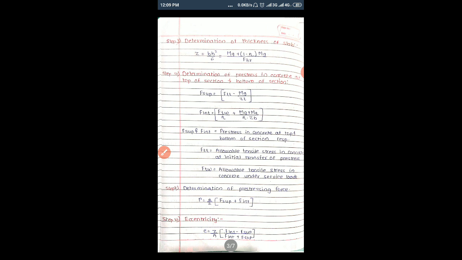Then determination of thickness of slab. In the reinforced slab we focus on the depth of the slab. We calculate the depth of the slab. This is a very important part. So here we calculate the thickness of slab, that is Z equals B H square upon 6. Here we don't yet know the meaning of these terms.